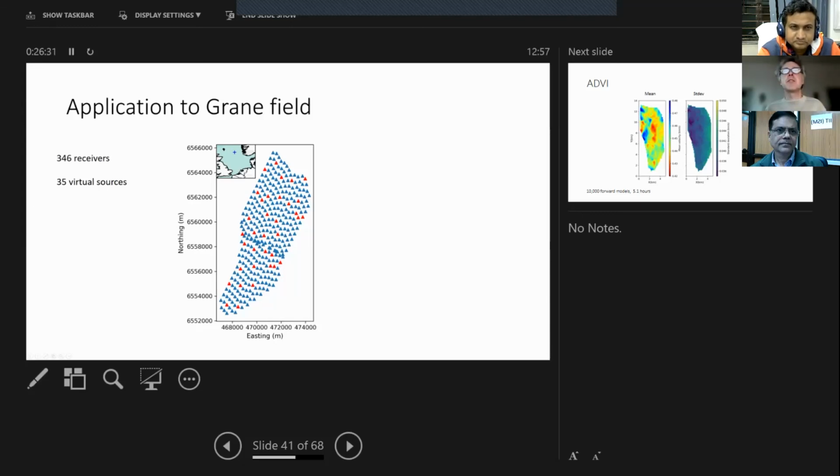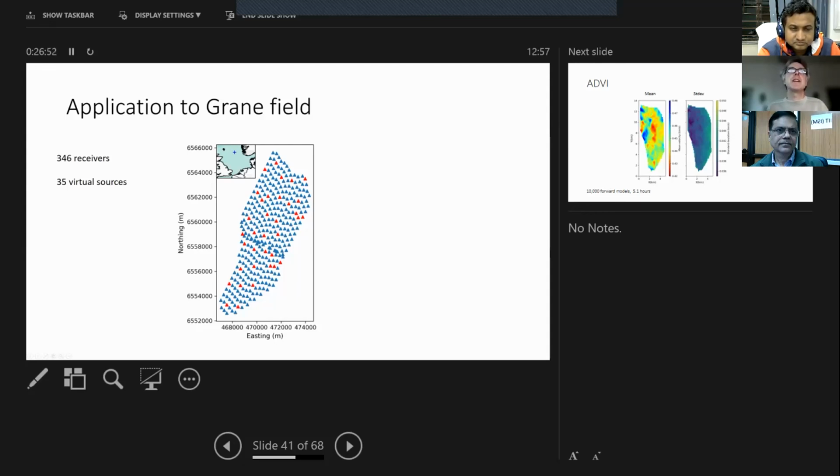We use that to convert the red receivers here into virtual sources, which were recorded by all the other receivers, and we then picked travel times between each red virtual source and every blue receiver. That was our data set to perform tomography across this array.